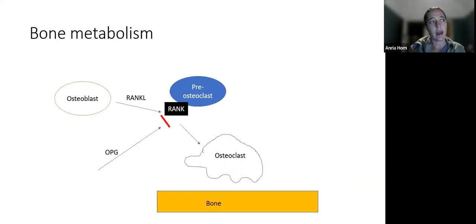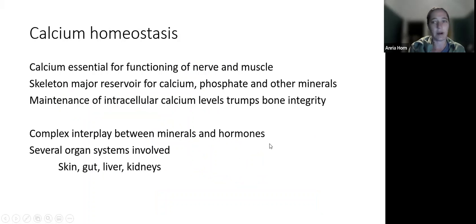If that binds to RANKL, then RANKL can't bind to RANK, and therefore you can't have osteoclastic activation. Interestingly, estrogen upregulates the expression of OPG, which is why we see such severe osteoporosis in postmenopausal women, because they lose their estrogen. Anyway, it's not relevant to pediatrics, but nonetheless.